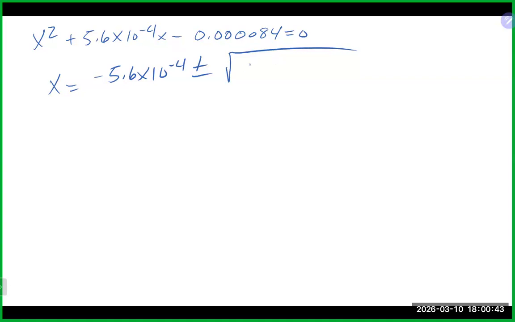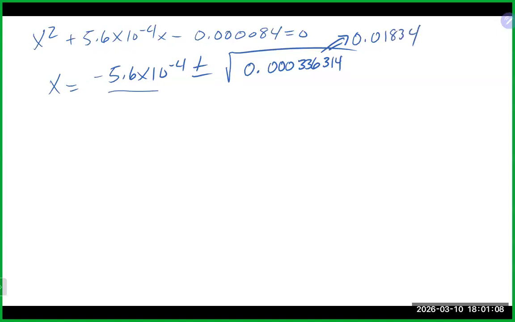If you do all that inside the square root, you end up, I believe, with something like this, 0.000336314, I think. If you square root it, you will end up with, I wrote it down, what did I get there? 0.01834 looks like.